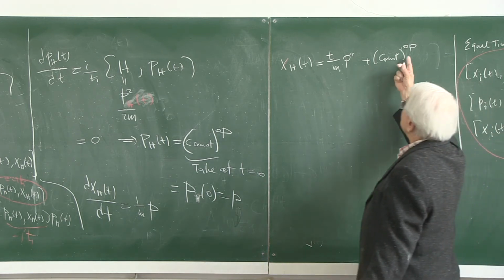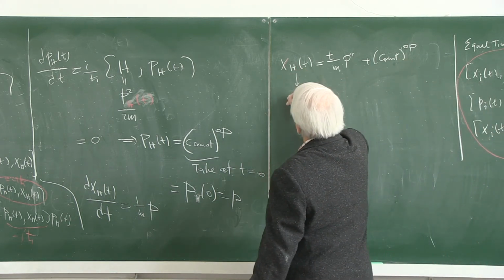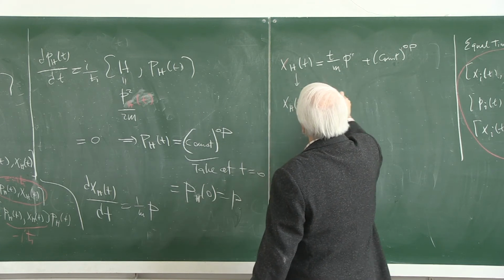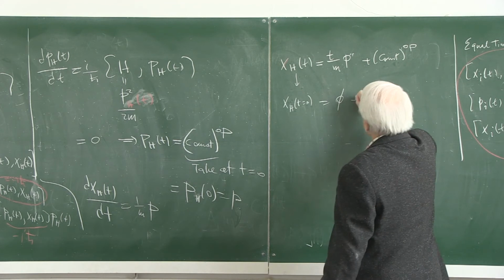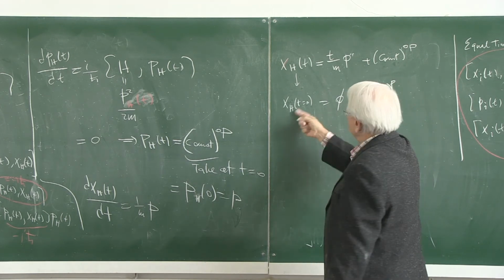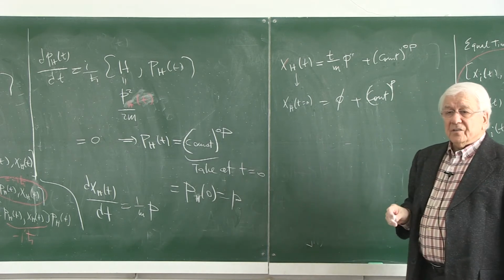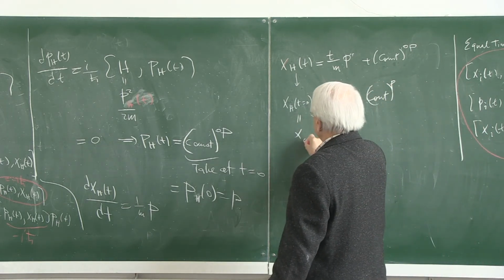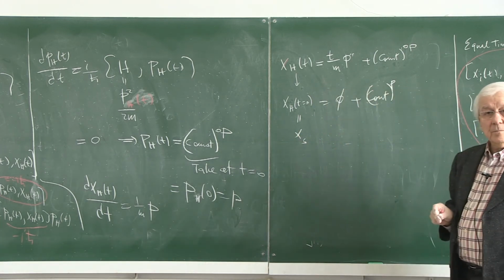How do I determine this constant? I go to t equals 0, x_H of t equals 0. The first term is 0. The second term is that constant operator, right? So this constant operator is this thing, x_H at t equals 0, which is nothing but the Schrödinger picture x operator.